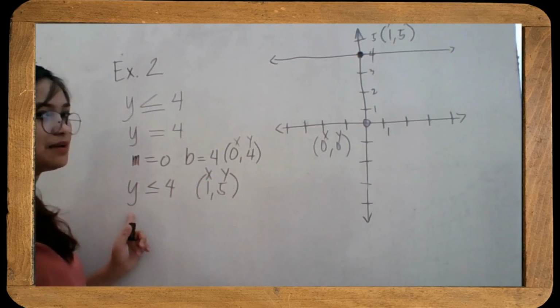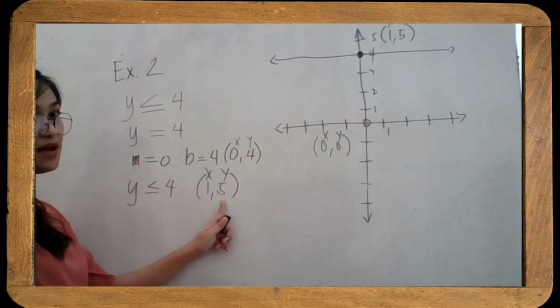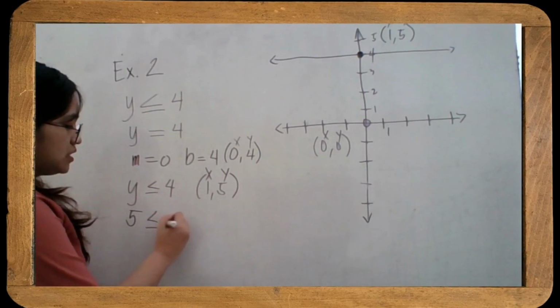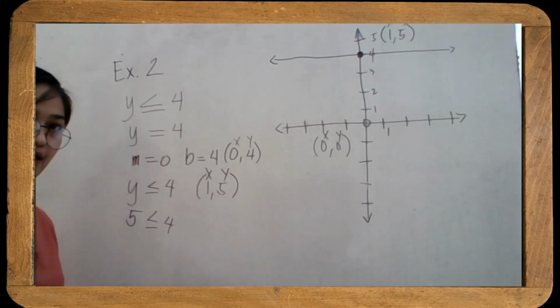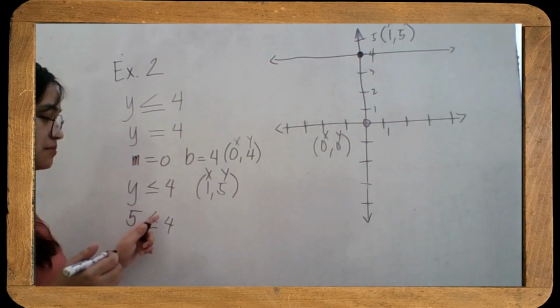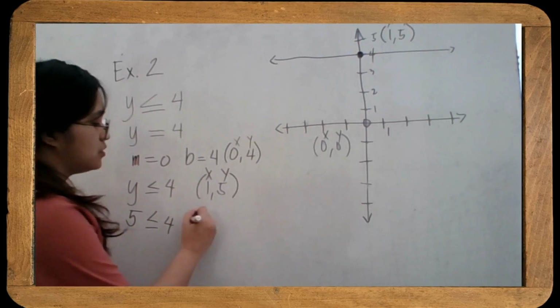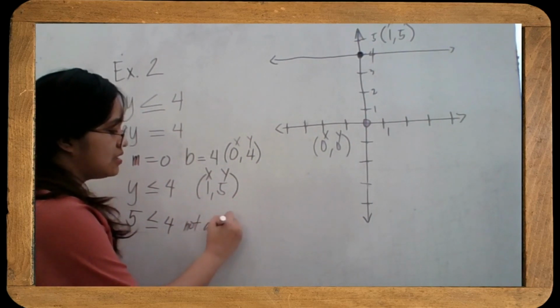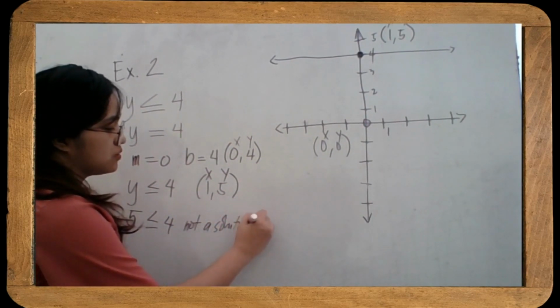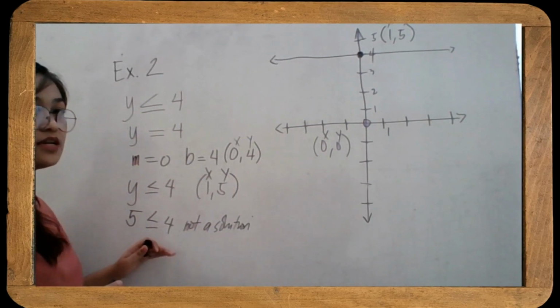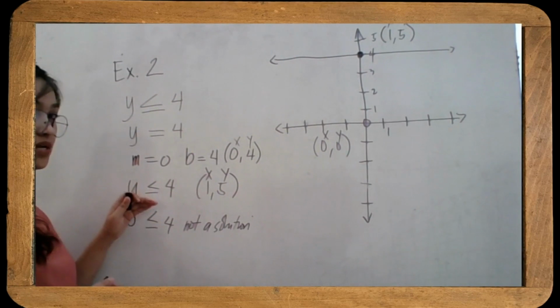Since y lang naman ang mapapalitan, si 5 lamang ang ilalagay mo. 5 is less than or equal to 4. Is that correct? Na ang 5 daw ay mas mababa or equal kay 4? No. So, that means it is not a solution. Okay? It doesn't satisfy this inequality.